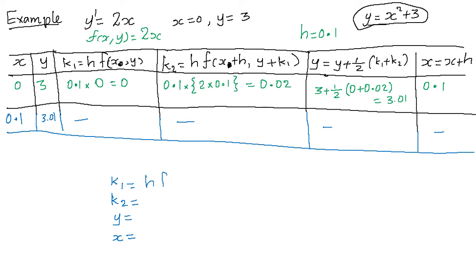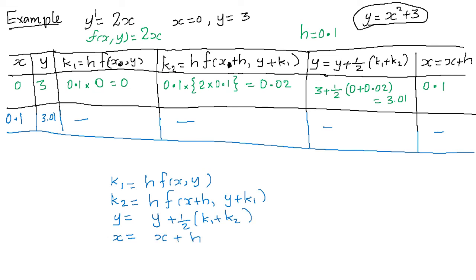H into f of x y. And what is k2? H into f of x plus h and y plus k1. What is the new value of y? Previous value of y plus half k1 plus k2. What is the new value of x? Previous value of x plus h.